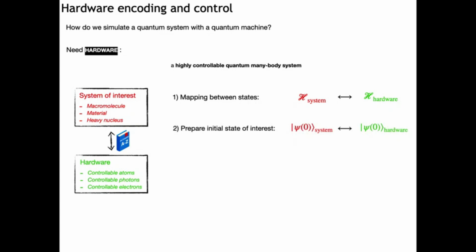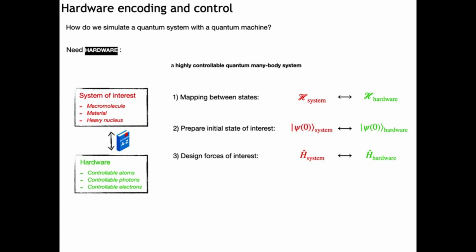Second ingredient, we need to be able to prepare our hardware in the particular state that corresponds to the desired state of the system. Typically, for example, the ground state of our strongly correlated Hamiltonian, right? This may not be so easy, but that's part of the task. Third, and this is usually the first bottleneck in this implementation, we must be able to tune the interactions of our hardware such that its evolution corresponds to the evolution of the desired system.